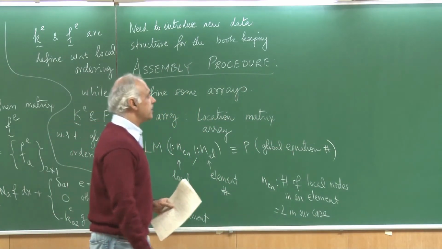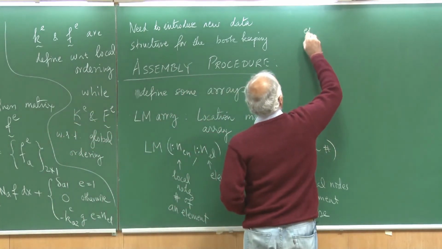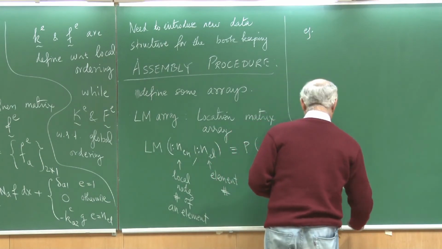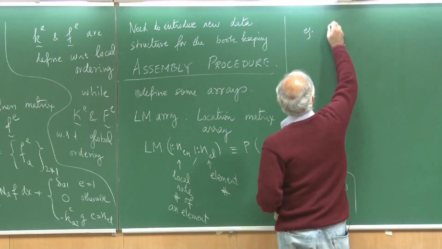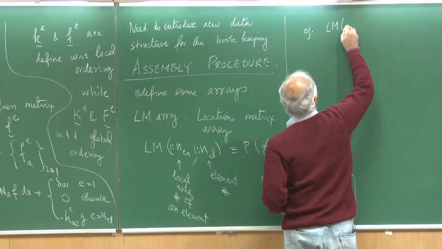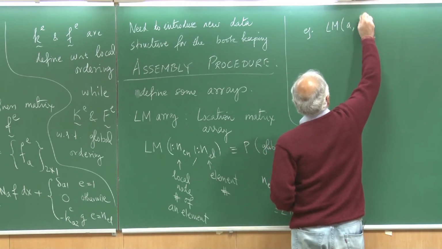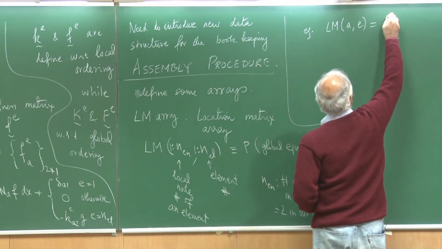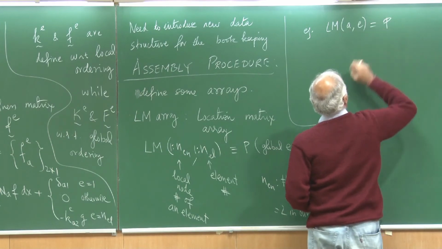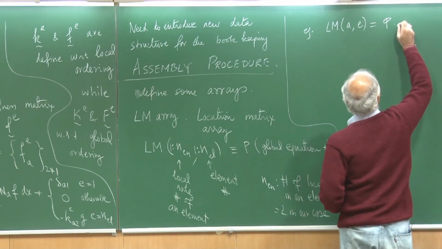So, an example would be that LM of A comma E could be, for example, P, which is the equation number.